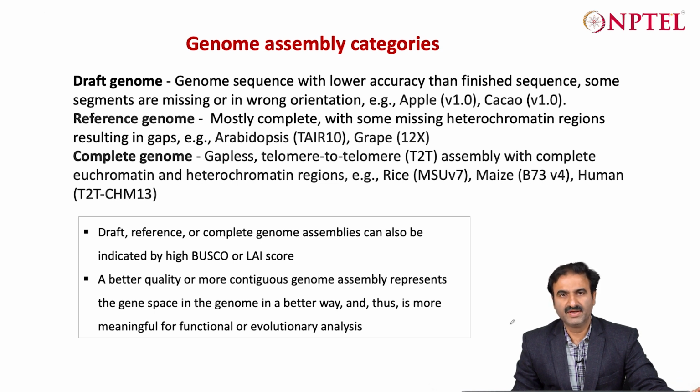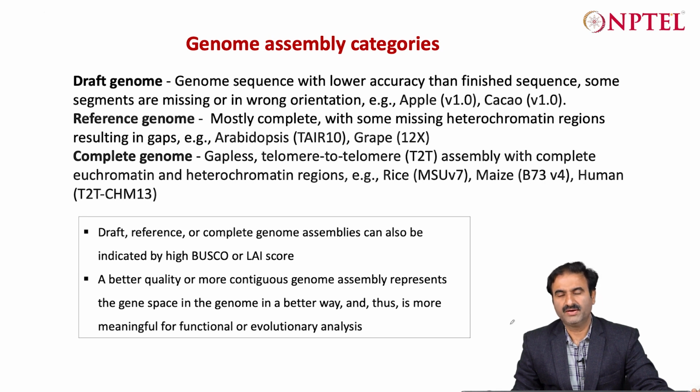Basically it's either a really rough draft or a near covering, depending on how much coverage it has for the genome that you are going to sequence. Then a reference genome is something where you have a mostly complete genome, but still heterochromatin and some regions which are difficult to sequence, like long range repeats or heterochromatin.